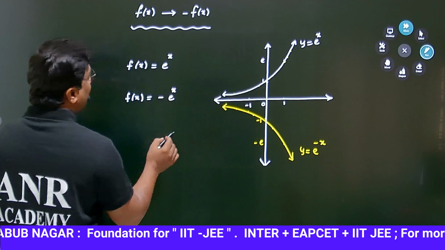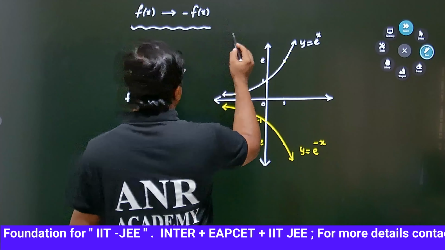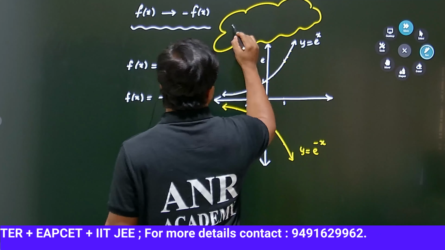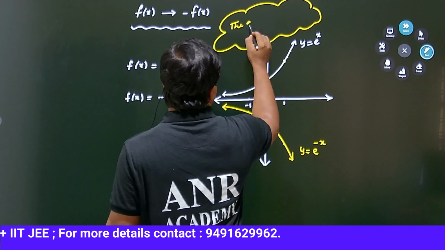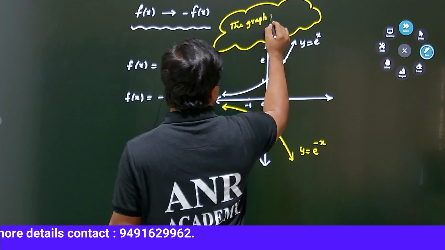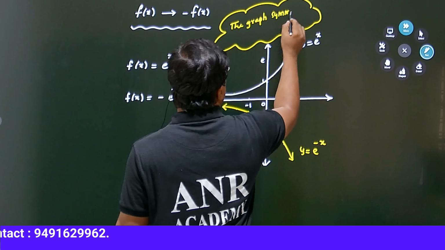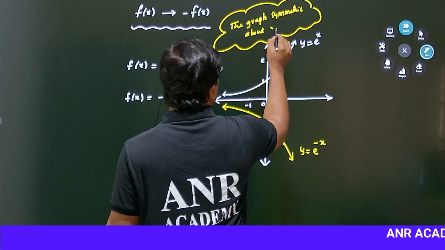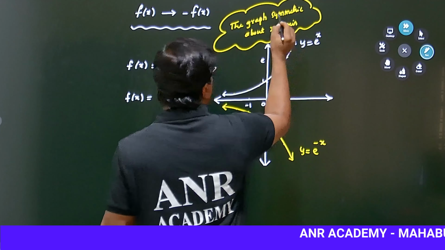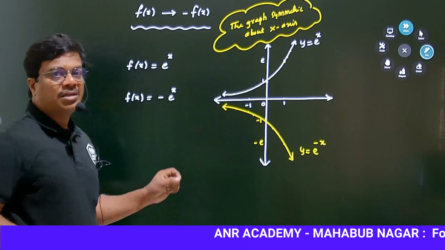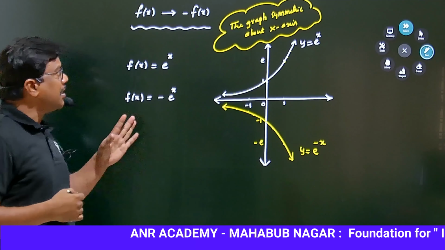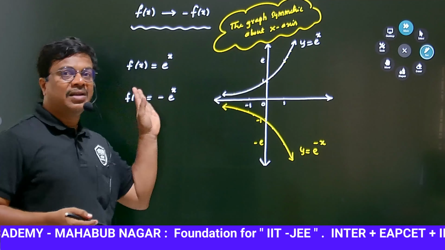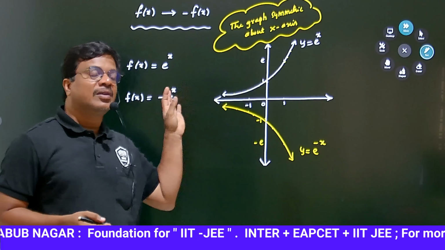So you have to remember that the transformation minus f of x means the graph which is symmetric about the x-axis. If you remember this condition, symmetric graph about the x-axis, then you can easily draw the graph of minus f of x, whatever the function given.